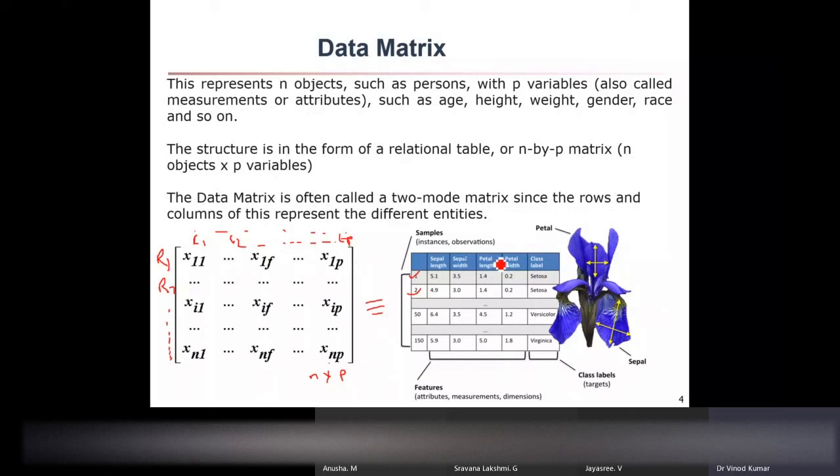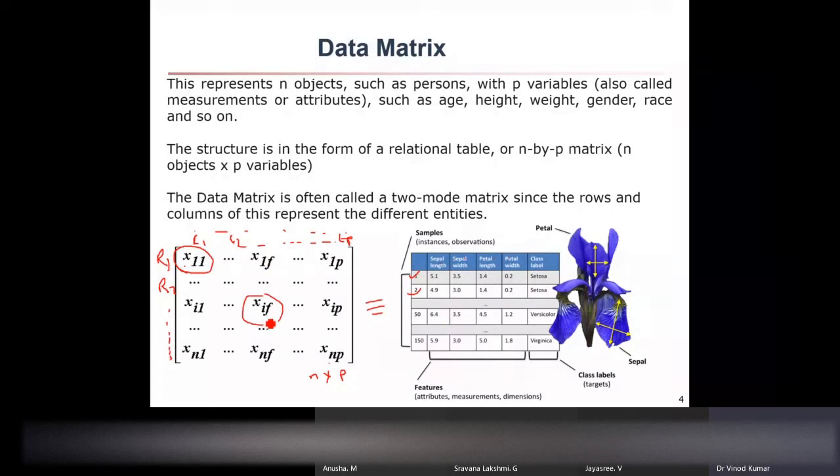These are the different attributes, and these rows are the tuples. So the data you are watching here is in the form of this data matrix, and we can locate any data by knowing its index.